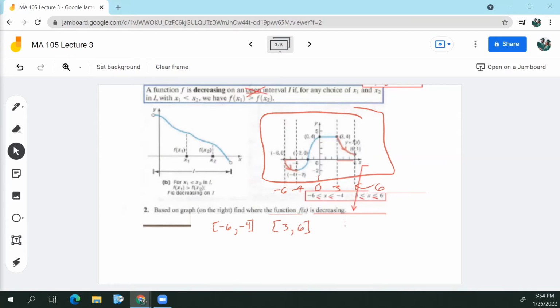Now, we might also use this symbol in interval notation. That's a U, this big U, and it means union. It's just another way of saying and. So technically what we're saying is -6, -4, union 3, 6. So what we're saying is -6, -4, and 3, 6. It's just a mathematical notation.